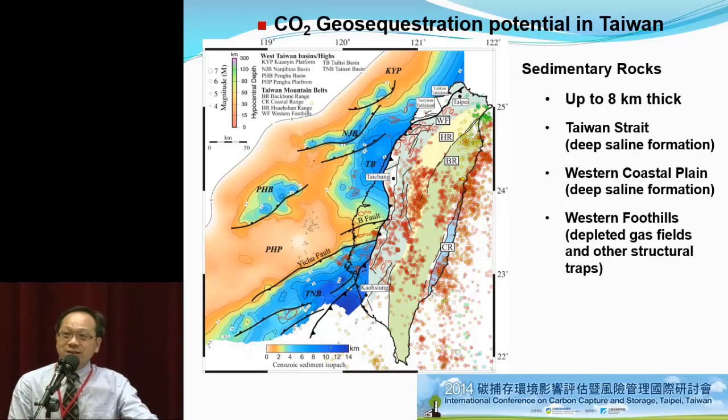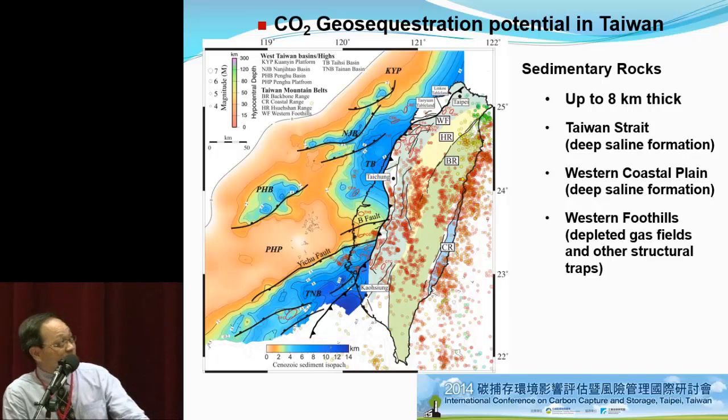Then for Taiwan, this figure shows the seismicity, which many people are concerned about. We have a lot of earthquakes. For example, the red ones show the earthquakes, with the depth and the magnitude. So actually we have a lot of earthquakes in Taiwan.